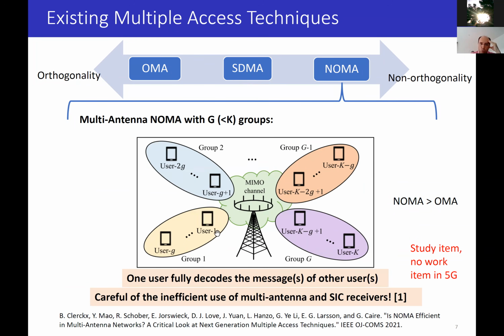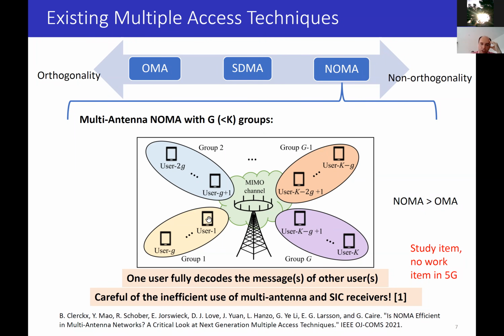For instance, I have group 1 here, and in each group, I perform superposition coding with successive interference cancellation. Each group could represent, for instance, one beam, or maybe a set of beams. But importantly, in each group, one of the users would have to decode the message of the other users.